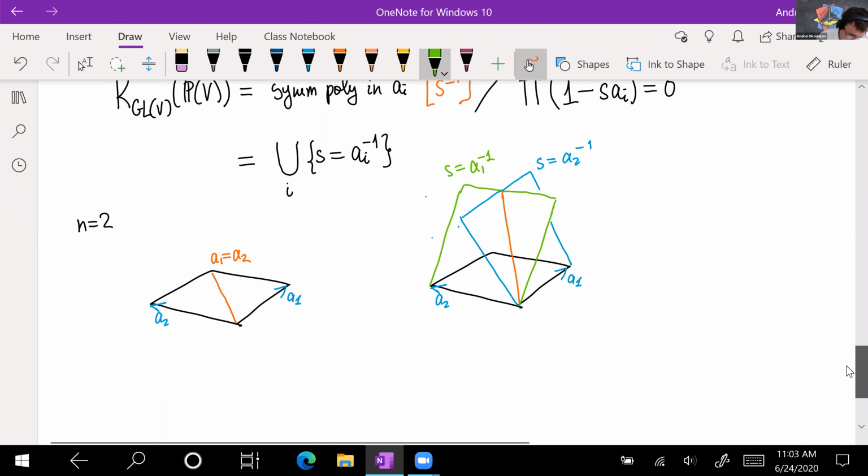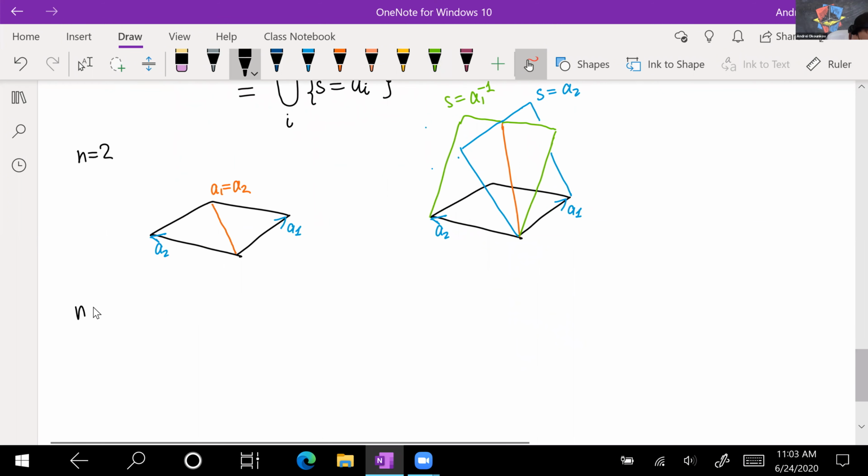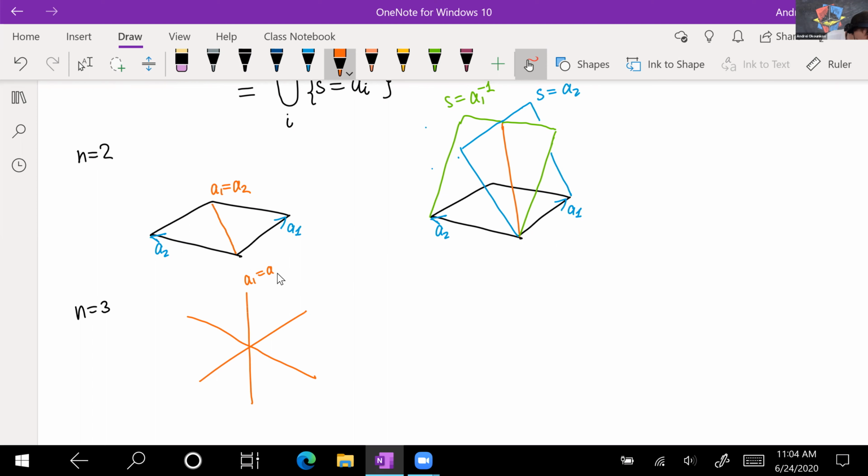So for n equals 3, I similarly will now draw a picture modulo the scalars. My divisors would look something like this, where a1 equals a2, a2 equals a3, a1 equals a3. And it's a good thing I prepared the picture ahead of time. You can see it here.